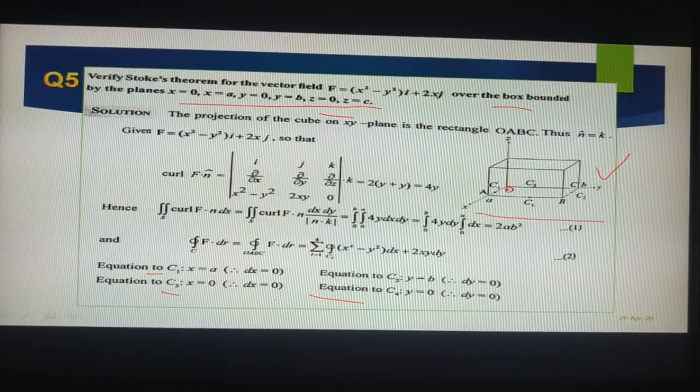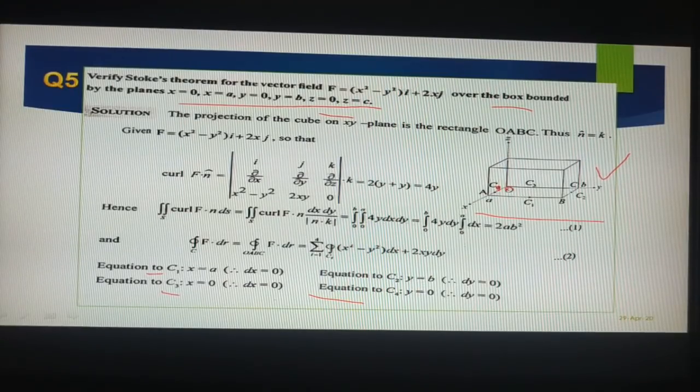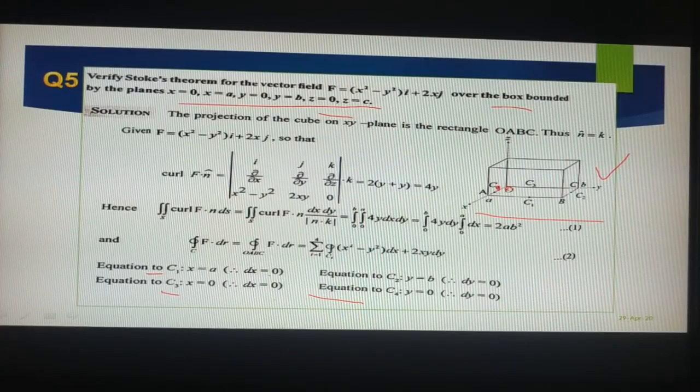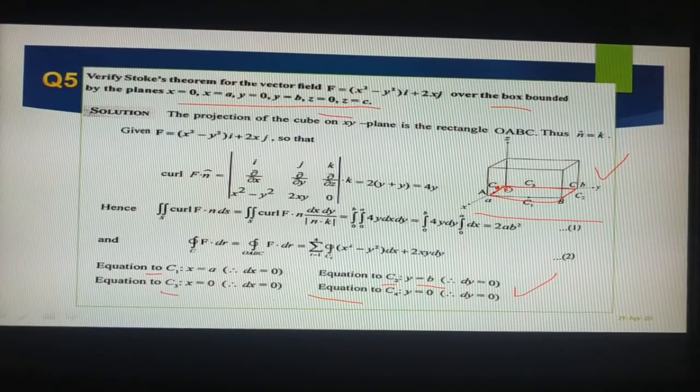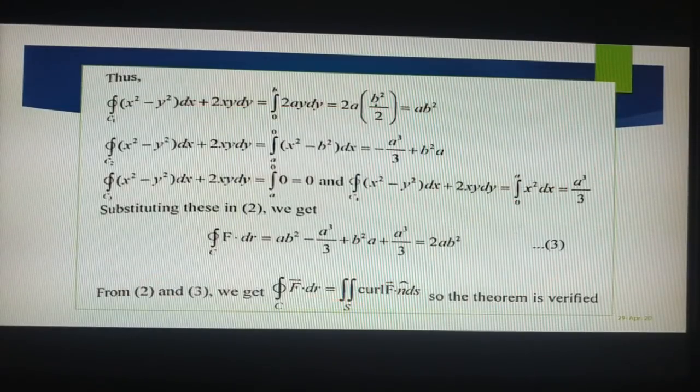In the diagram, let me take this as C1. So along this x equal to a, dx will be 0. Of course for C2, y is changing, and x is equal to 0, then dy is equal to 0. This will help you while finding your line integrals. You already know how to go along the line, and you can find it out. As in your previous examples, please go ahead and find these values.